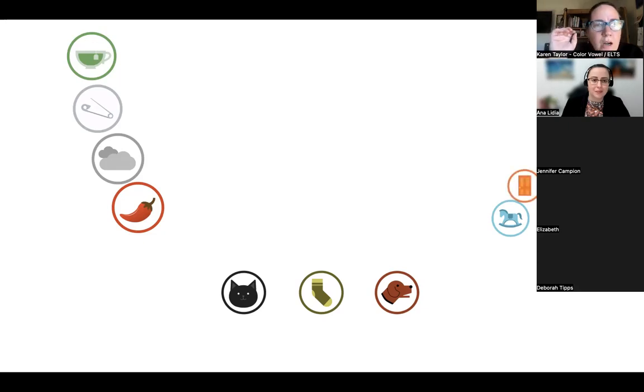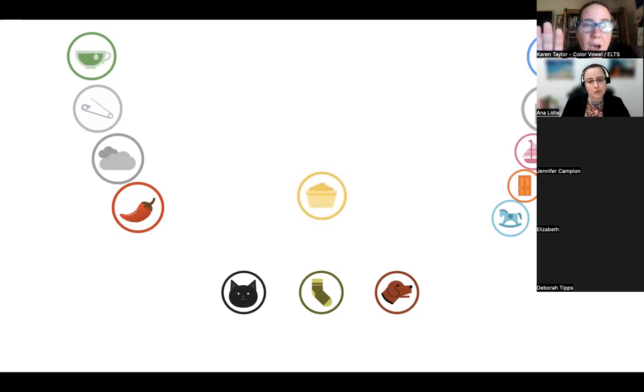Orange door. Or. Rose boat. Wooden hook. Blue moon. Great. Here in the middle, a cup of mustard. Purple shirt.